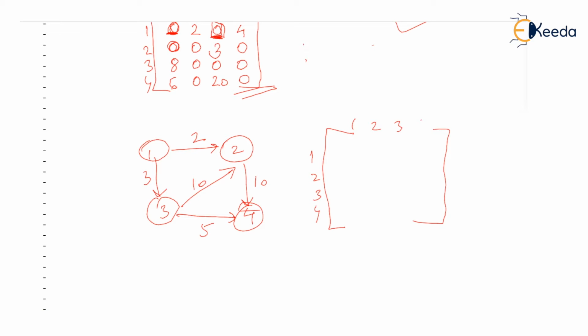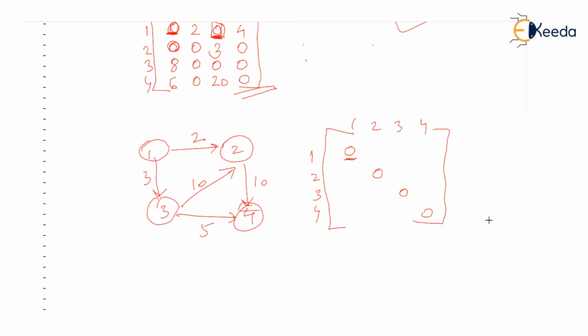And the entries will be: 1 1 will be 0 because the cost of going from vertex 1 to vertex 1 is 0. Come on, if you are at vertex 1, you are at vertex 1. You don't have to travel at all. That is why all the diagonal elements 2 2, 3 3, 4 4 are 0 in the cost matrix.